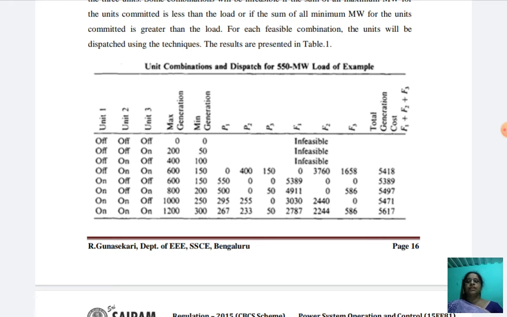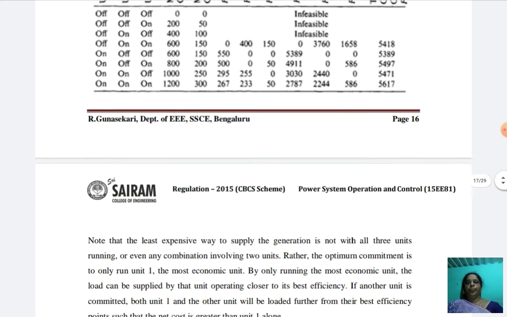The first 3 conditions, that is off, off, off; off, off, on; off, on, off, that is 0 0 0, 0 0 1, then 0 1 0, these 3 conditions are infeasible solutions. The remaining 5 are the feasible solutions only.